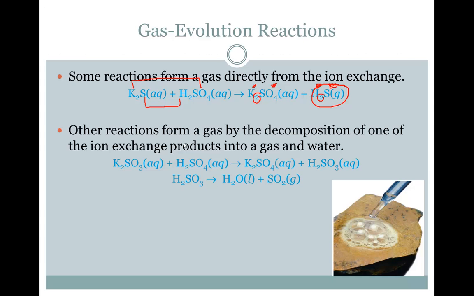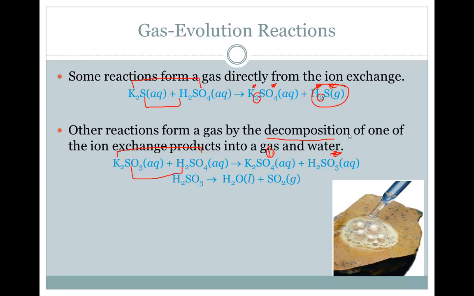Other reactions form a gas by the decomposition of one of the ion exchange products. So here, SO3 is with H, and K is with sulfate. So K2, that 2 came from the -2 here. And we get hydrogen sulfite, sulfurous acid.